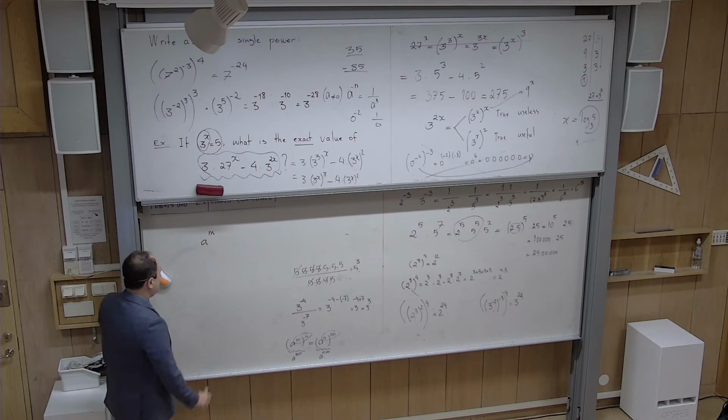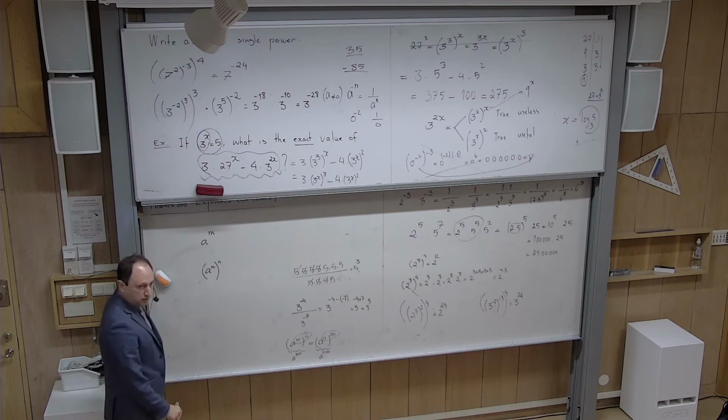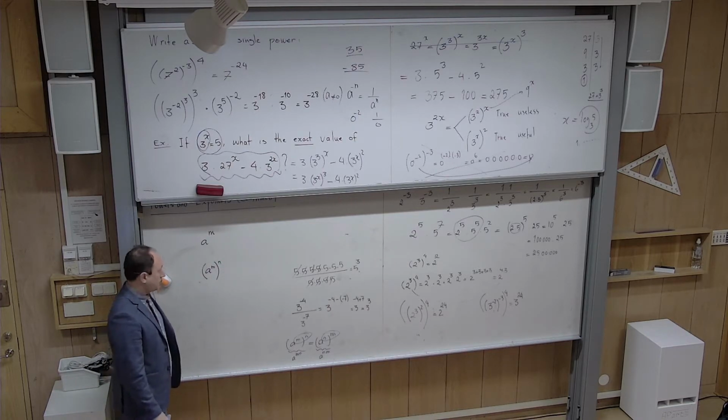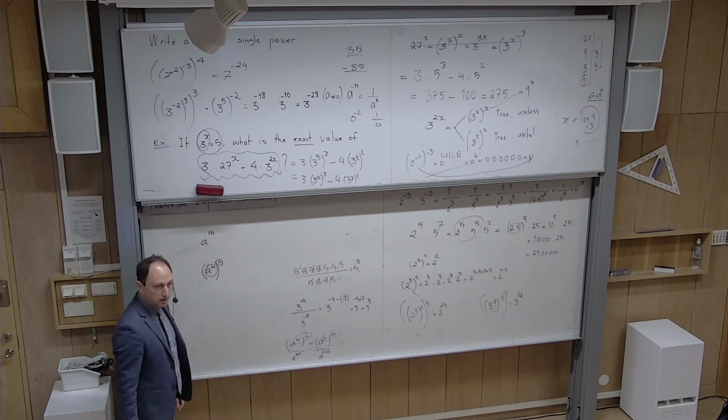Now, if I write something like this, can I still call it a power? It's a power. But if I ask you what is the exponent of this power? n. What is the base of this power? a to the m. Yes. So this one is the base. This one is the exponent.